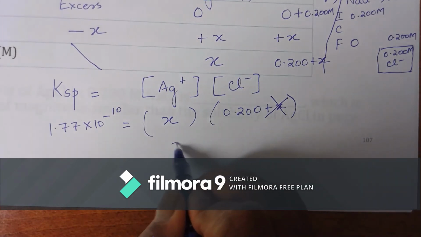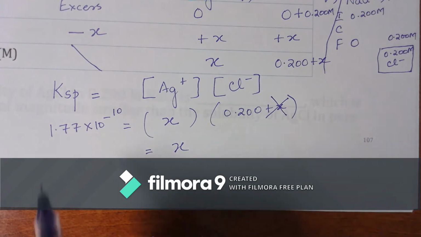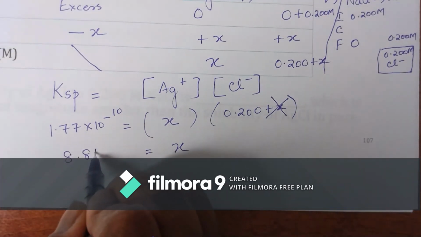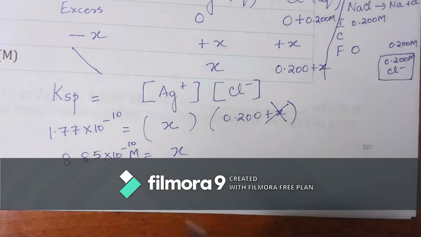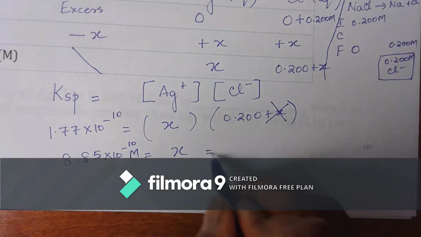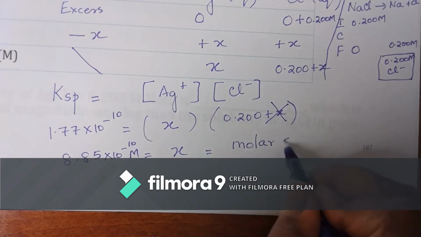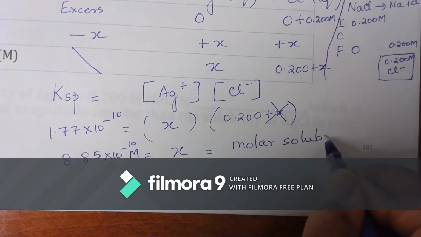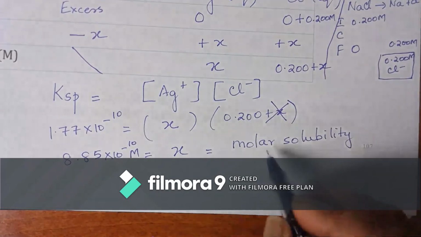Now solve for x. I'm going to let you solve for x. I have the value here, and this is 8.85 times 10 to the negative 10 molar. Okay, and this is the molar solubility. Look in your notes from today, this afternoon.